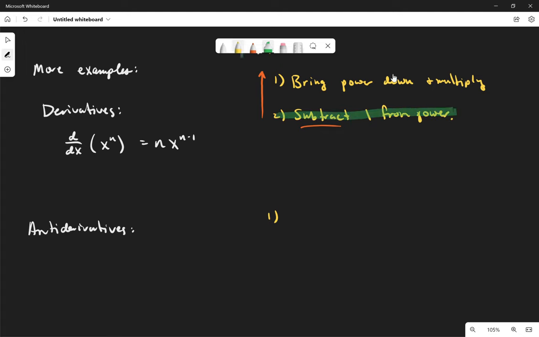So you're not going to subtract 1, you're going to add 1 to the power. And then second, you're going to do this one backwards. Bring the power down and multiply. What's the opposite of multiplying? You're going to divide by that power.